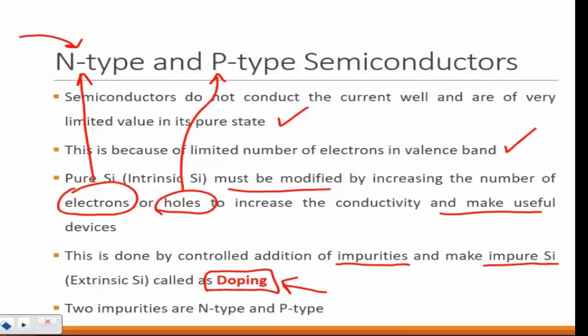Basically, you take pure silicon, you add some additional material to it carefully, and you make it either N-type or P-type depending upon what material you are adding to that silicon. And those two impurities will lead to N-type and P-type.